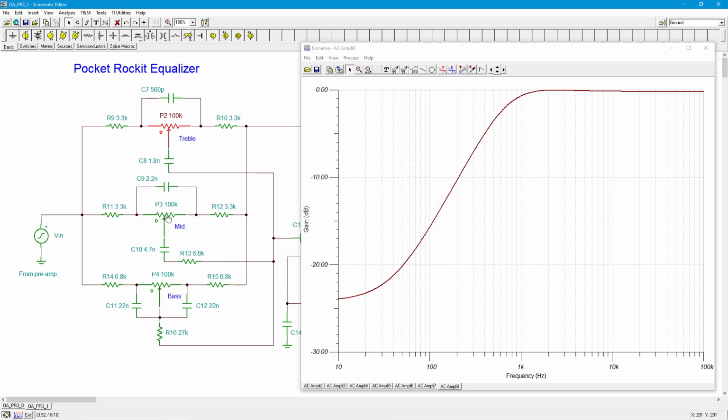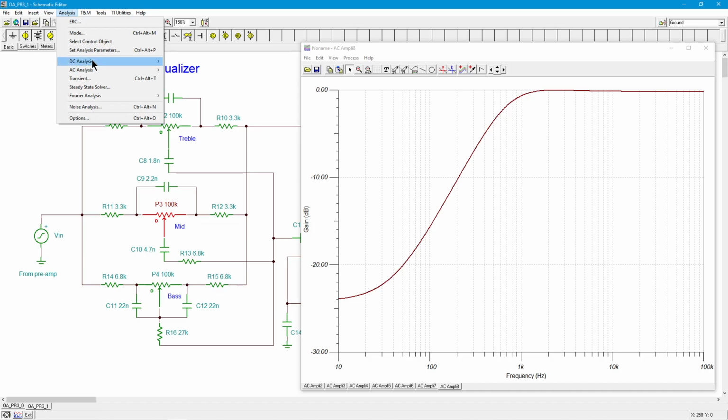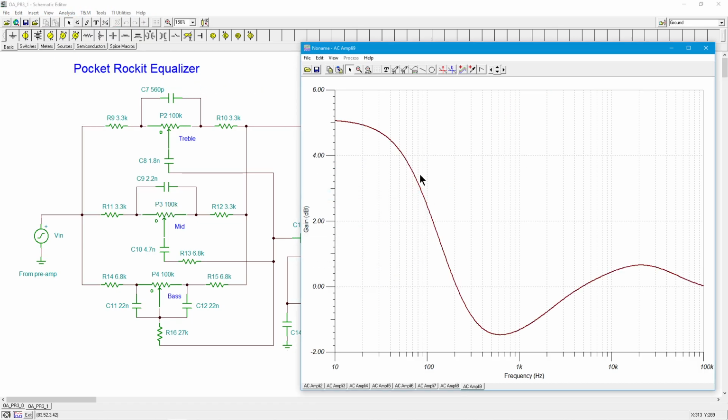And then maybe I'll kick out a little bit of the mids, sort of a scoop kind of thing. I'm just throwing these numbers out, and I don't really know precisely what this is going to look like. I mean, I know grossly speaking what it's going to look like, but there you go.